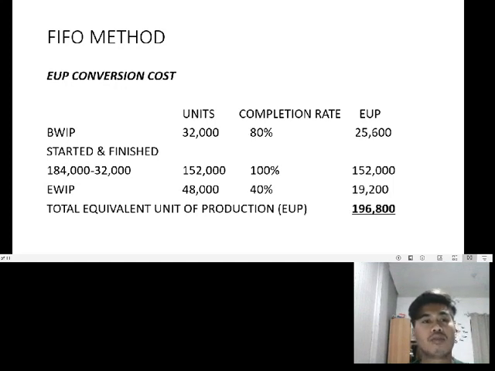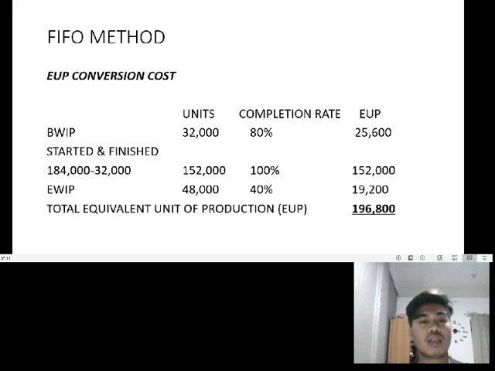On the other hand, for the conversion cost EUP, again, ganun pa rin: 32,000 for the beginning work in process, 152,000 for the started and finished units for the current month, and the ending work in process of 48,000 units. While the completion rate naman is nag-vary depende doon sa given problem.